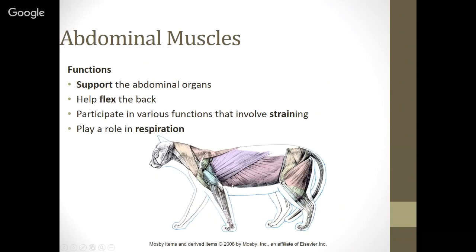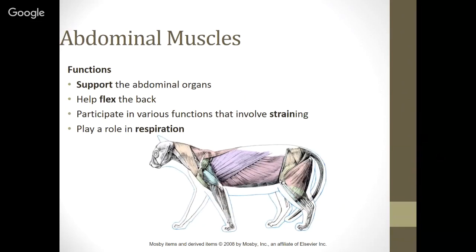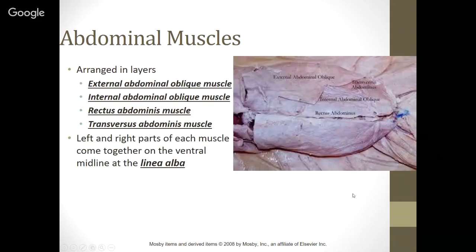So the functions of the abdominal muscles, so that was head and neck, we're going to abdominal, are to support the abdominal organs, keep them in place, flex the back, and participate in various functions that involve straining and respiration, breathing. They're arranged in layers, and there are 4 that you need to remember. The external abdominal oblique, it's outside of all of them, and it runs obliquely.